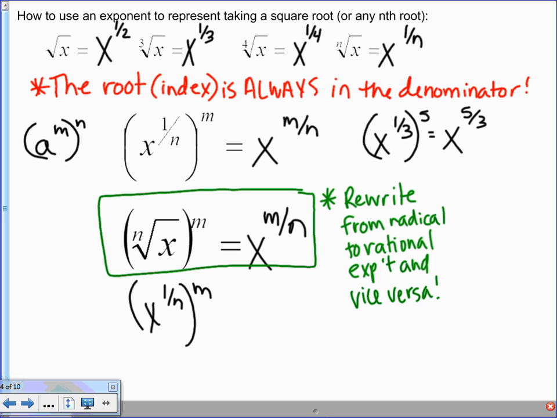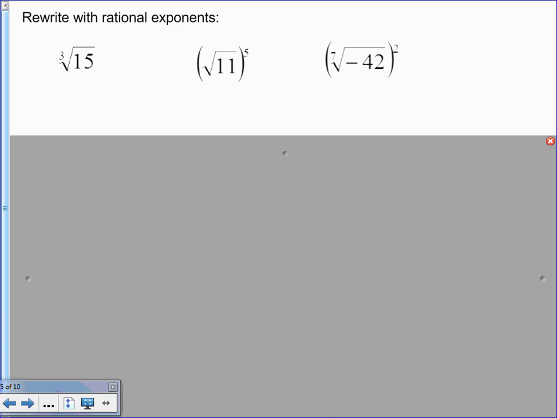We're going to look at some examples where all we do is rewrite. I'm going to start with radicals. If I have the cube root of 15, the square root of 11 raised to the 5th, and the 7th root of negative 42 raised to the 2nd, or squared, I want you to rewrite these so they have fraction exponents.